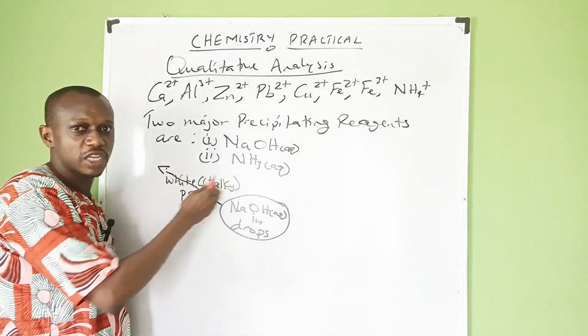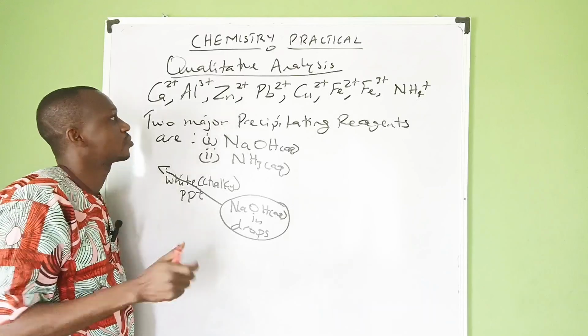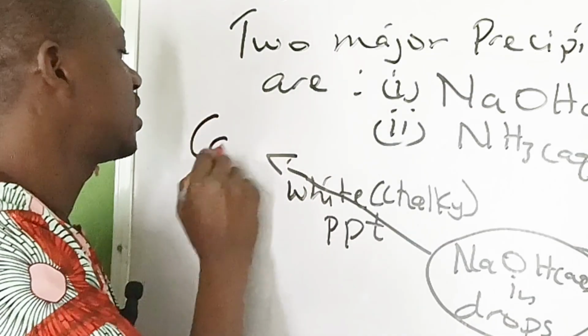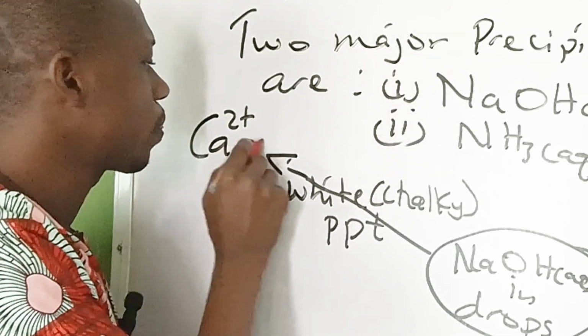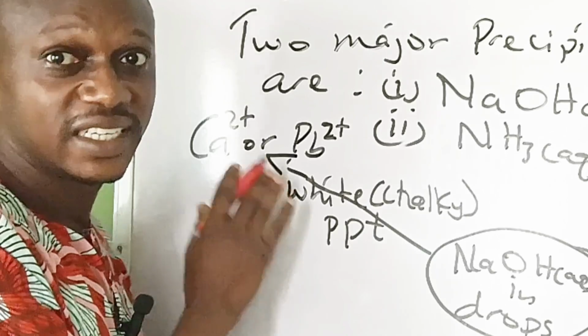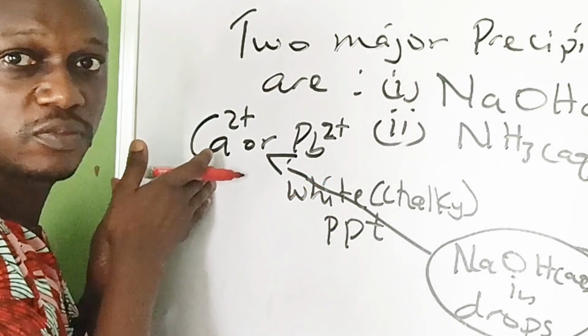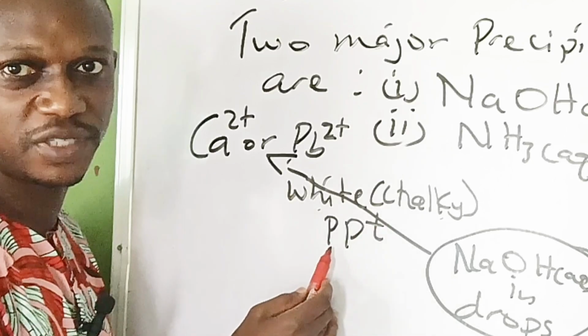So for a white chalky precipitate, there are two things that will come up. It is either Ca2+, that is calcium, or Pb2+, that is lead. It is either calcium or lead if we have a white chalky precipitate.